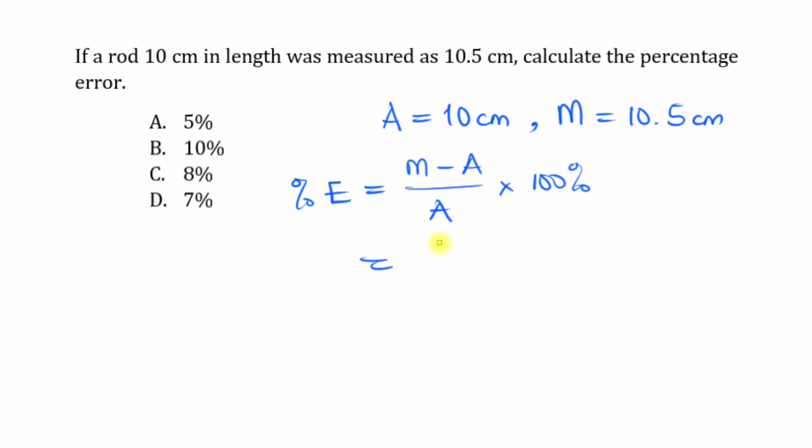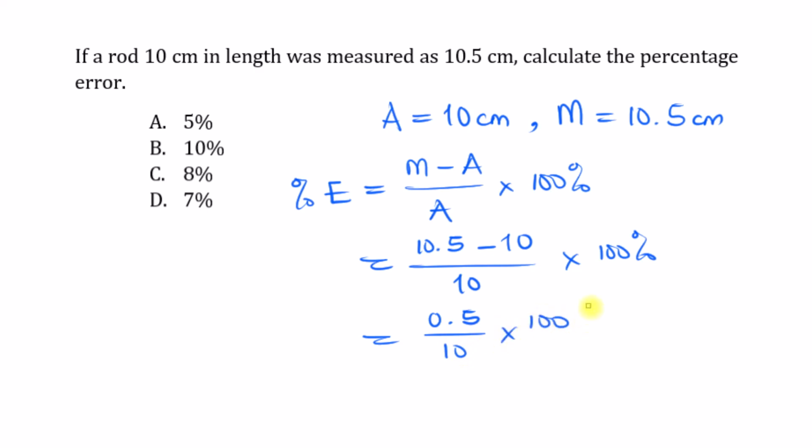So that's 10.5 minus 10 divided by the actual, which is 10, multiplied by 100%. So this is just 0.5 over 10 times 100 percent. And look at this, the 0 will cut out, and then 0.5 times 10 will be nothing but 5 percent. So looking at the options that we have, 5 percent is the correct answer in this case.